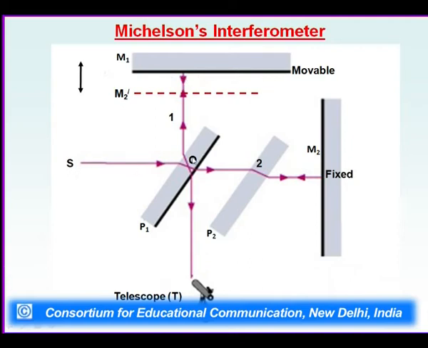The light from the source falls upon the glass plate P1. Here the light is reflected towards mirror M2, and here it is reflected towards mirror M1 and comes back, so it travels twice the path as compared to the light which is refracted towards the mirror.